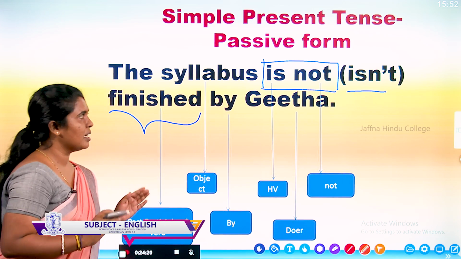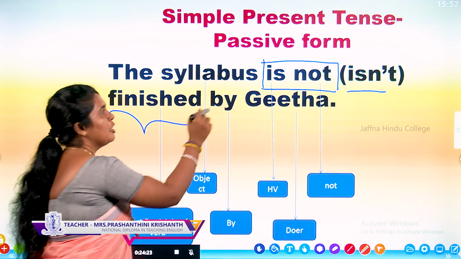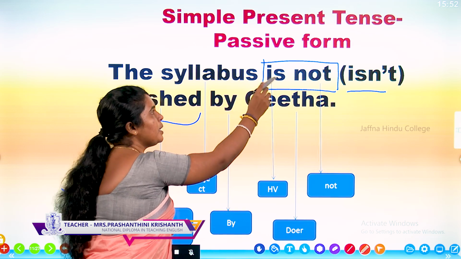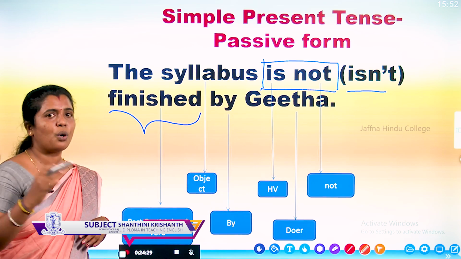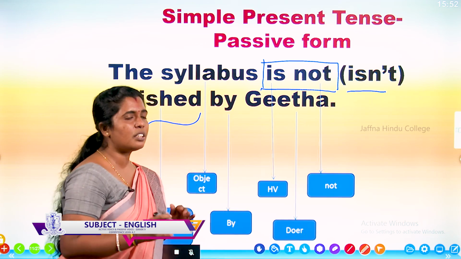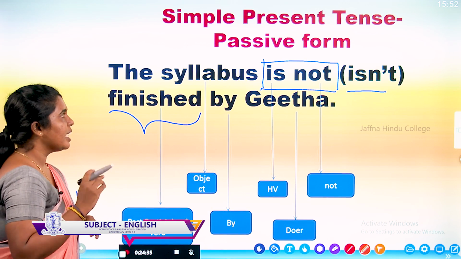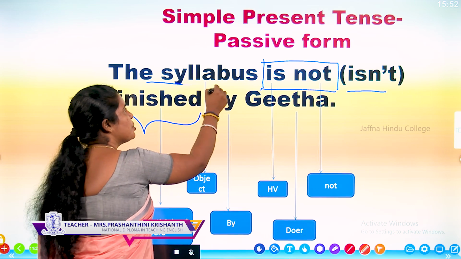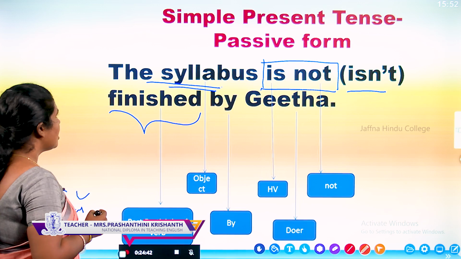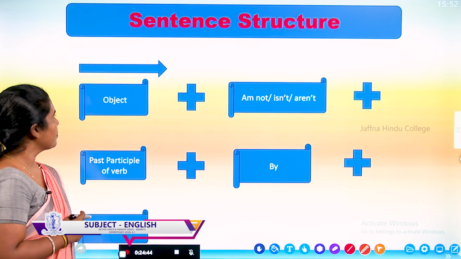Both are correct. So here the work for you is, you have to choose the correct or suitable helping verb here. Is or are or am not. Is not, are not or am not. It depends on the object. Clear? Now see the sentence structure.